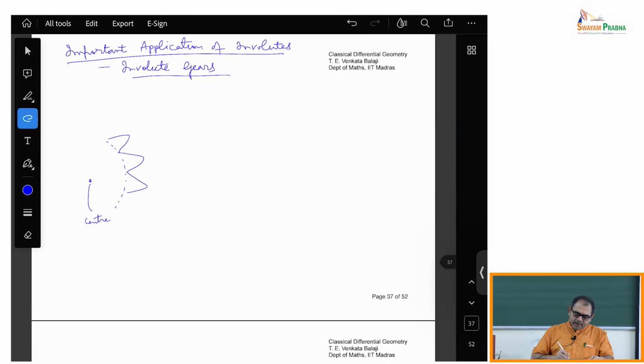Okay, and there is another gear, let us say at another center, and again let me draw. So I have to draw something bigger. So my center is probably far away. And there are also teeth like this.